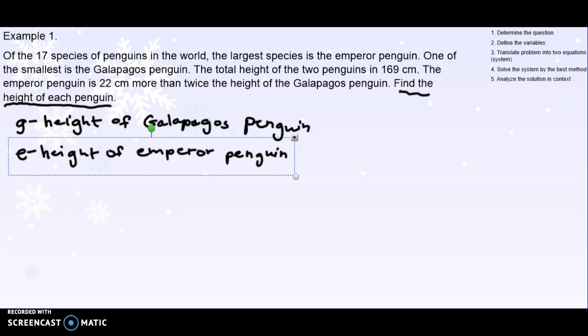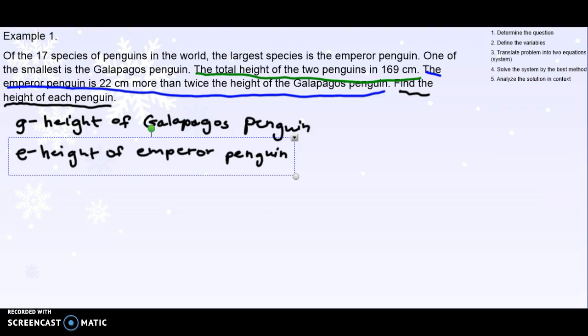Well, we're looking for the height of each penguin, so I'm going to guess that that total height of the 2 penguins is going to be really important. And then the next sentence says, the emperor penguin is 22 centimeters more than twice the height of the Galapagos penguin. Again, I think that sentence is going to be pretty helpful when creating our system, so I'm going to go ahead and underline that in blue. And then we already know our question is find the height of each penguin.